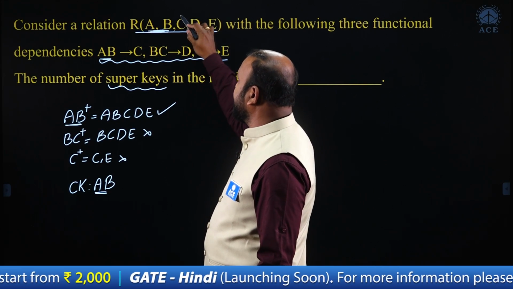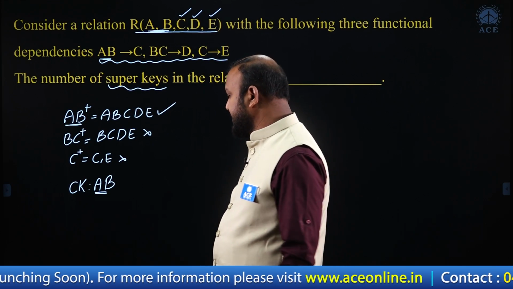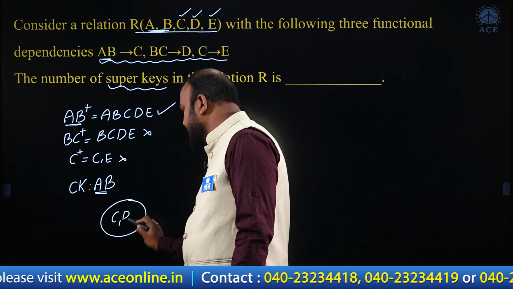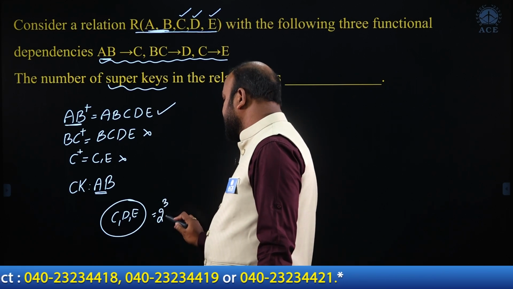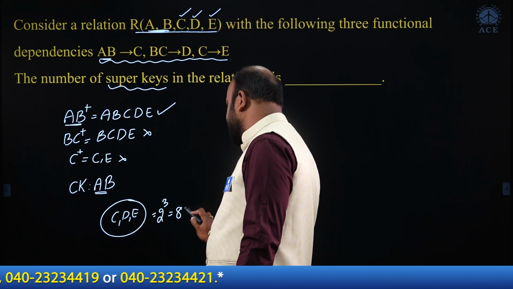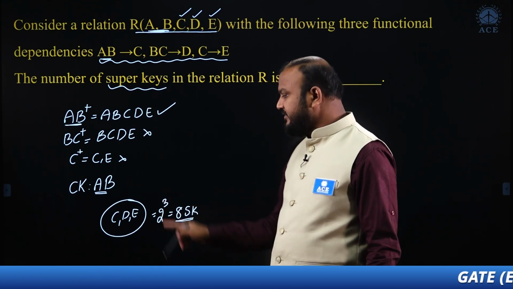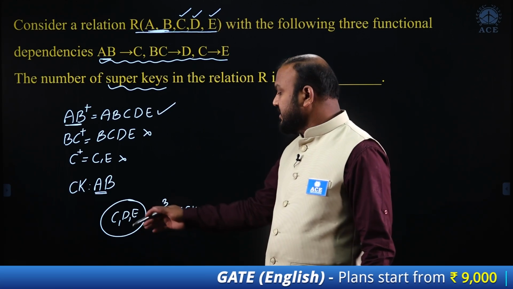And what are the non-prime attributes? C, D and E. And these are the 3 non-prime attributes. With these 3 non-prime attributes, how many combinations can we form? 2 power 3. That is possible, which equals 8 super keys. It means AB with non-prime attribute combinations will give you super keys.